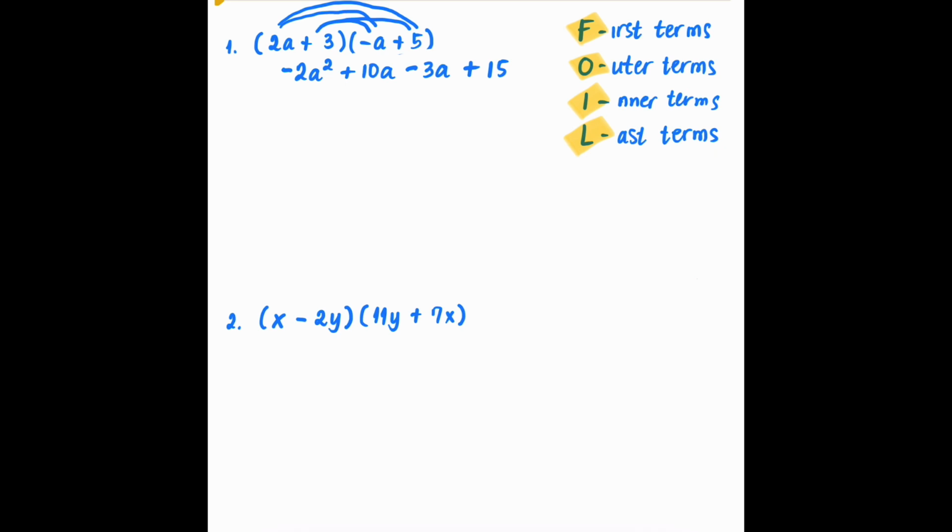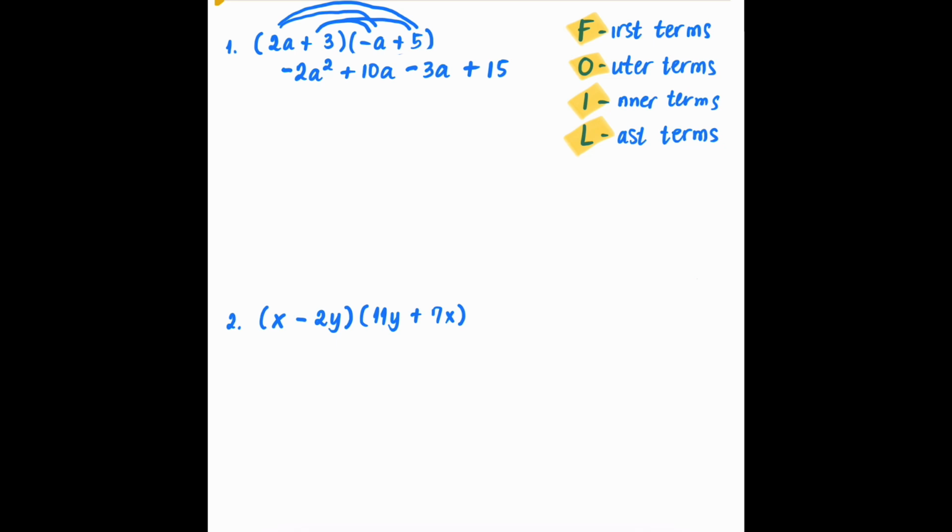So in order for us to get the final answer, we need to make sure to simplify the polynomial. To simplify only means we need to combine like terms. When you say like terms, these are terms that belong to the same group.